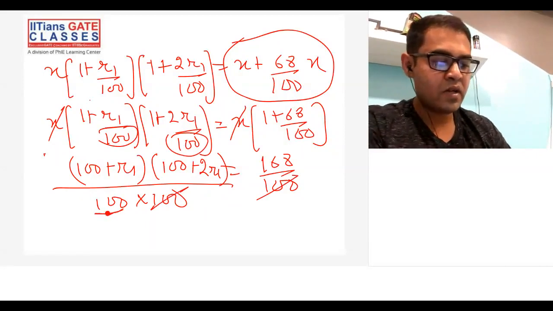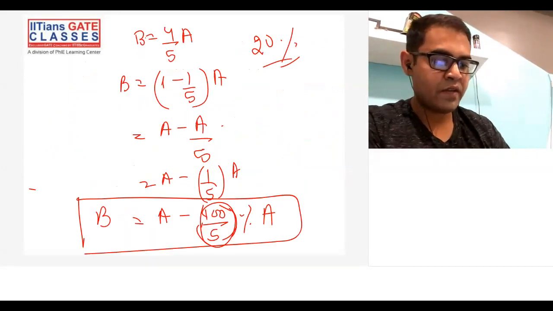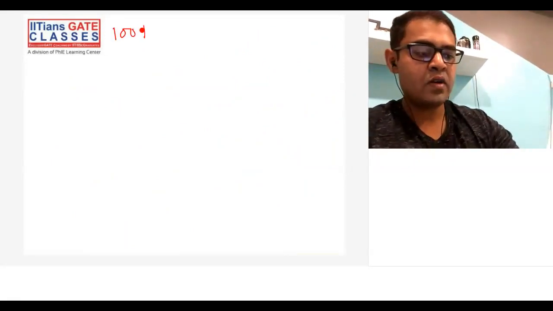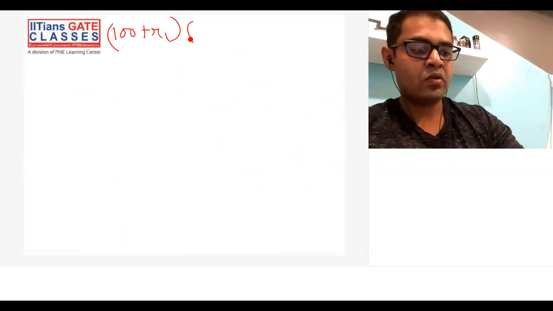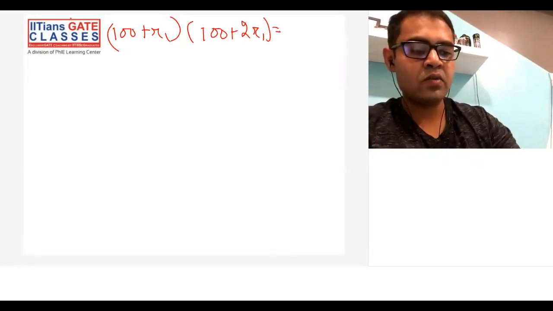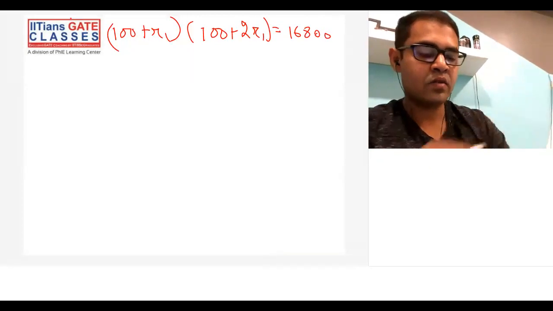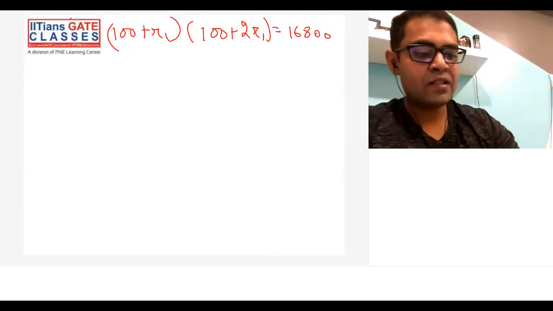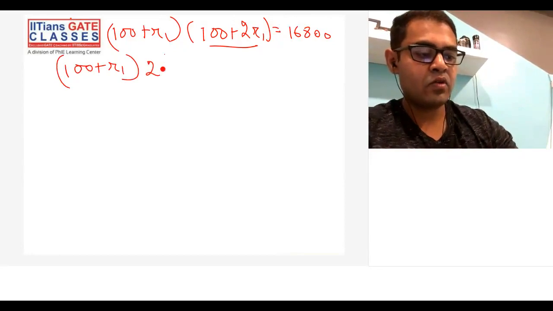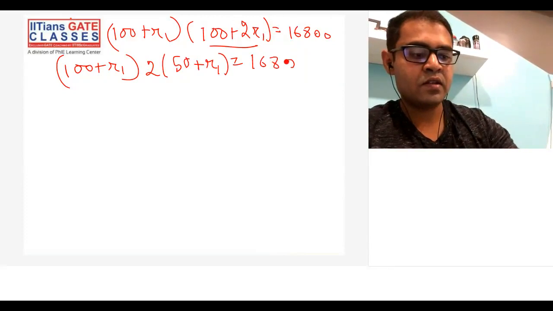So this 100 I'll take on the RHS. What I'll finally get is a quadratic equation that I'll have to solve. 100 plus R1 into 100 plus 2R1 is equal to 16800. All right. So I'll just take 2 common from here. 100 plus R1 into 2 times 50 plus R1 is equal to 16800, and I'll cancel out.